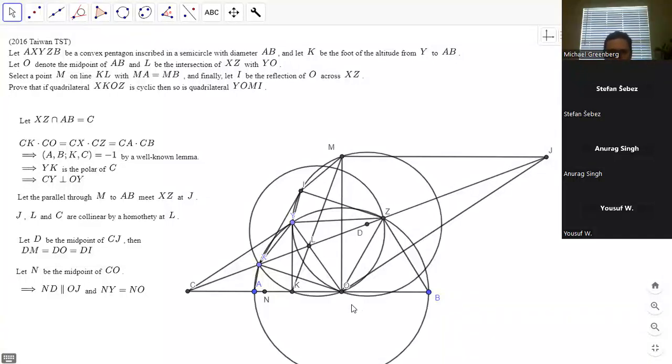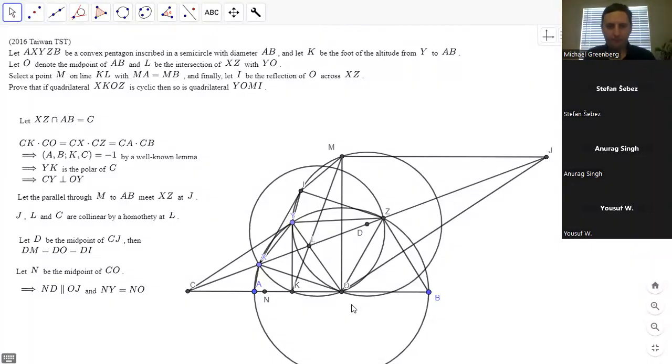But ND is parallel to OJ, which means you can take a homothety at the intersection of KD and YO, sending K to D, proving that DY is equal to DO. Sorry, hold on one sec.